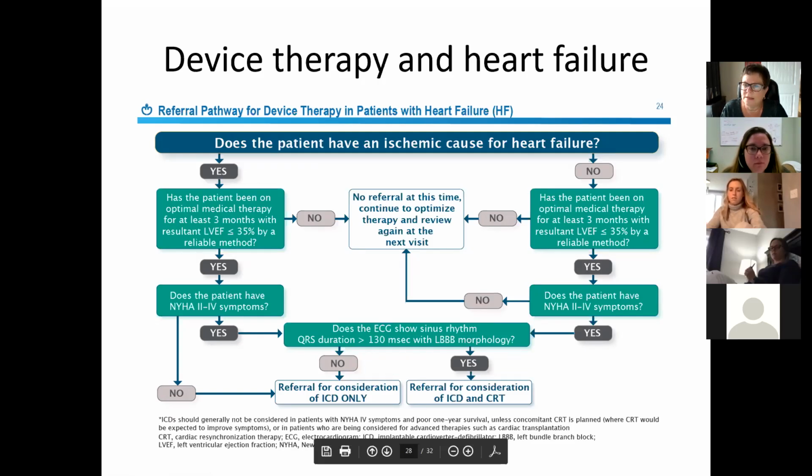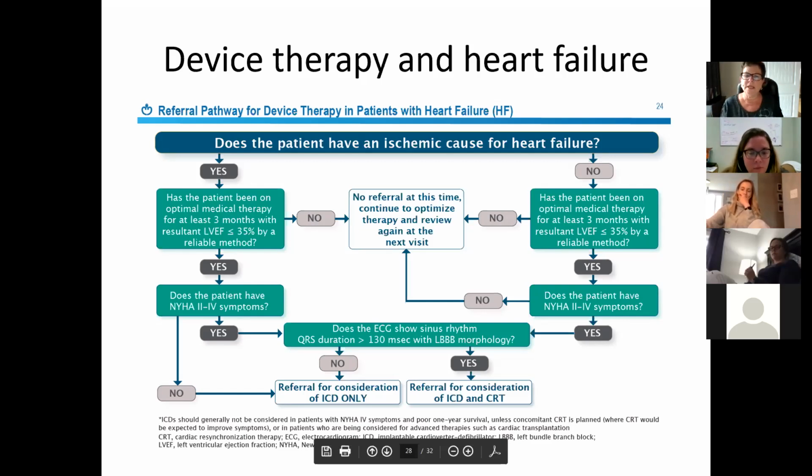And if there is, then you ask a surgeon, is there any way that revascularizing this patient surgically, or even with PCI, would improve his heart failure? If there is not, then obviously he's not a surgical candidate, but then they decide, okay, do I put in an ICD or do I put in an ICD with a biventricular pacemaker in it?